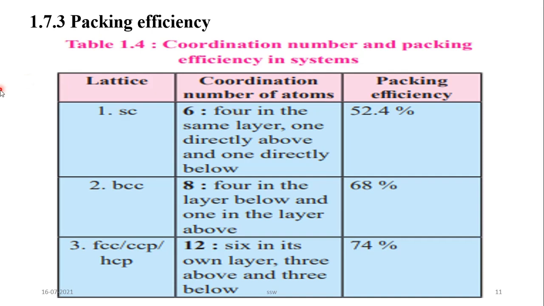Now we will summarize the relation between coordination number, packing efficiency and type of lattice. In the previous lecture we calculated packing efficiency in the simple cubic structure as well as the BCC structure, and today in this lecture we have calculated the packing efficiency of FCC. While studying previous lectures we have also studied the cubic close packing and the coordination number of atoms.